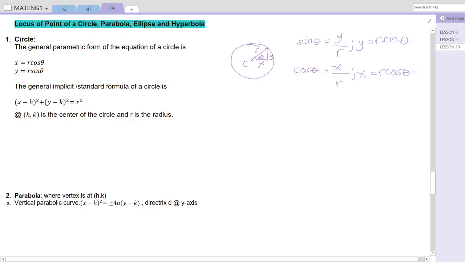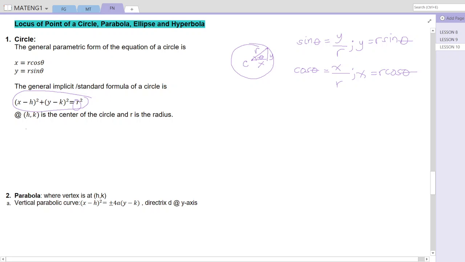Okay, so the general implicit, or the standard formula of a circle at center (h, k), is (x minus h) squared plus (y minus k) squared equals r squared. This comes from the Pythagorean theorem again, and r there is the radius.